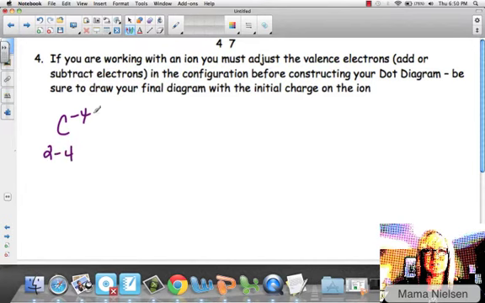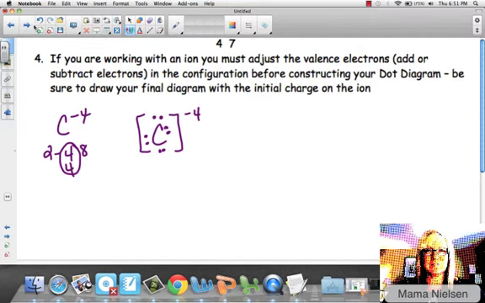But the minus 4 means that I've added 4. So that means that my new configuration is really 2, 8. So I'm going to draw carbon. 1, 2, 3, 4, 5, 6, 7, 8. This is an ion, so we need to put square brackets around it, and we need to include the charge. So we need to have the initial charge on the ion and brackets.